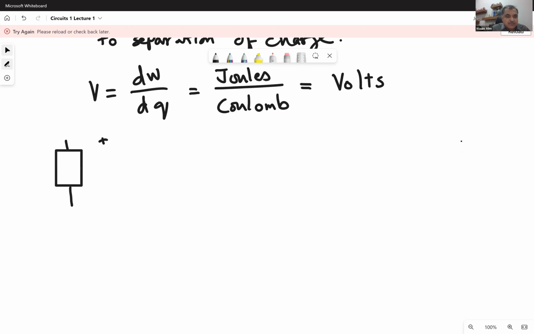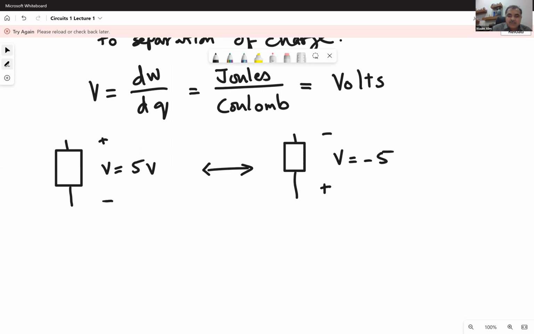So for example, you can say this is 5 volts, and the equivalent, as I mentioned, this is also a vector quantity. So it has the magnitude as well as direction. So if I were to write it in opposite sign, then we can say minus 5 volts. Okay, they are the same. It's just that the polarity could be represented differently.